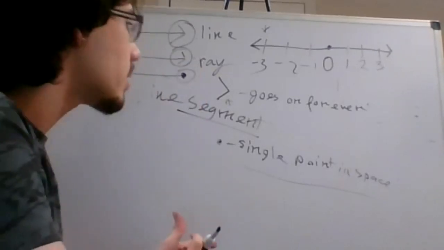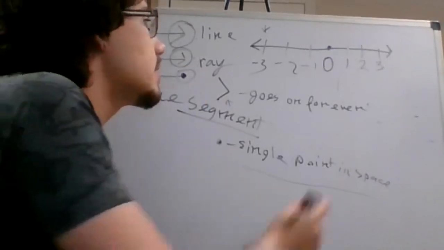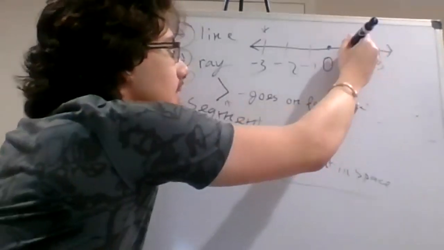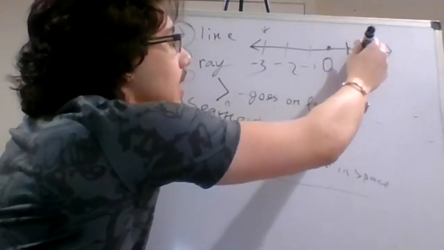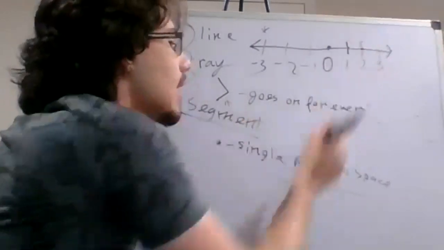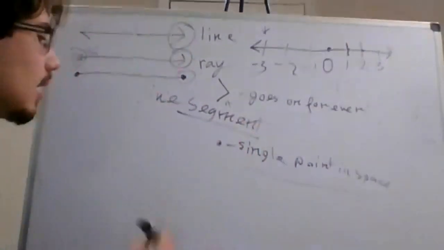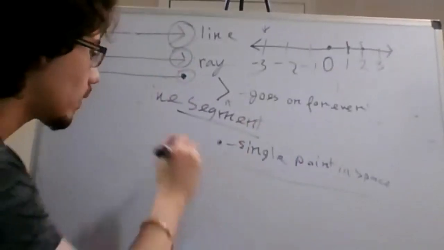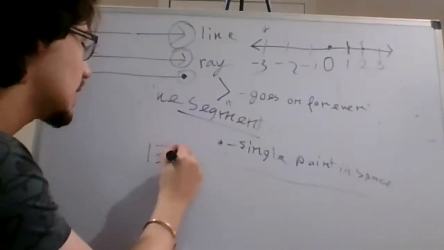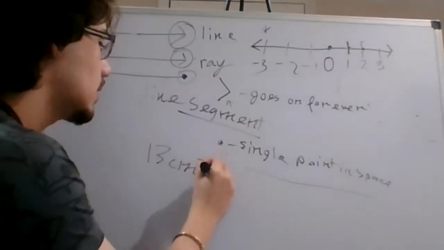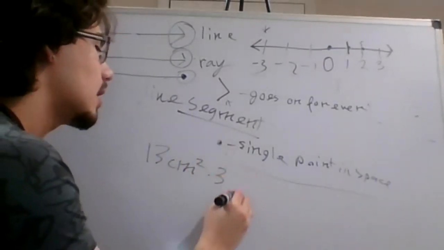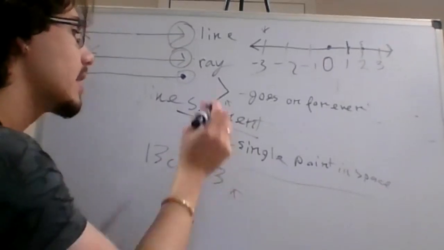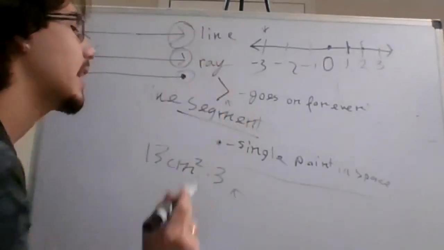So in a number line, you could see that each number we describe with a little tack. That's because each number is a point. That's why we said before, when we multiply an area times a number, the number does not have units, because the number is a point. It does not have a length.